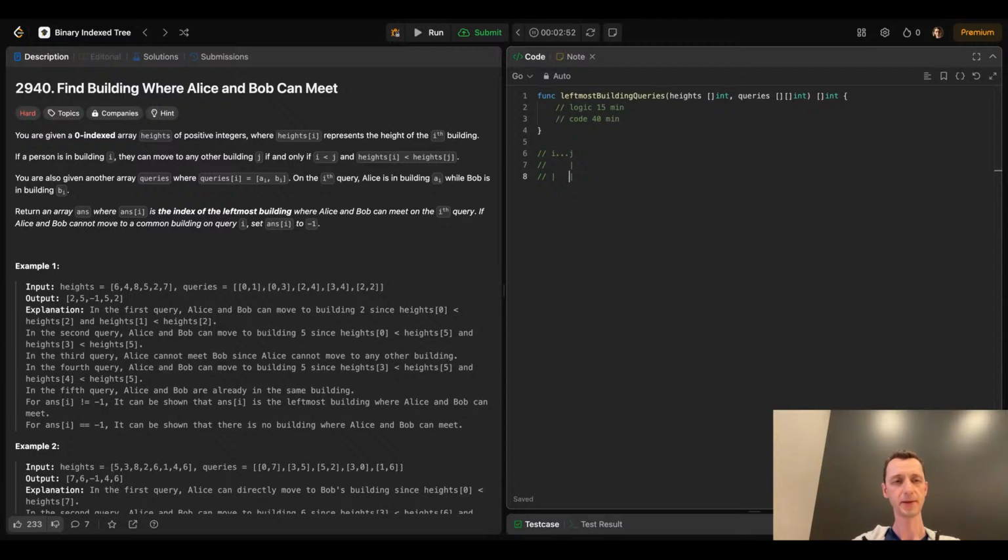Return the array ans, where ans[i] is the index of the leftmost building where Alice and Bob can meet on the ith query.